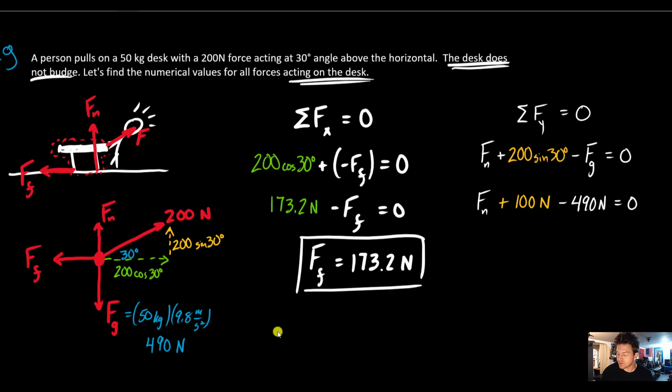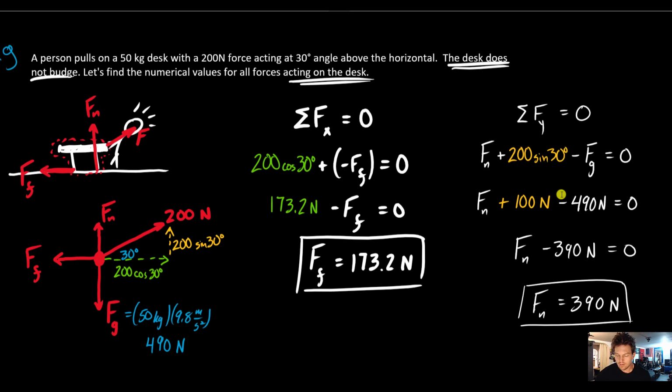So now it becomes just putting together these numbers and solving for my missing normal force. So if I just add these two, we can simplify this. I'd have normal force minus 390 newtons equals 0. And then one last step, I solve for the normal force. That would be 390 newtons.